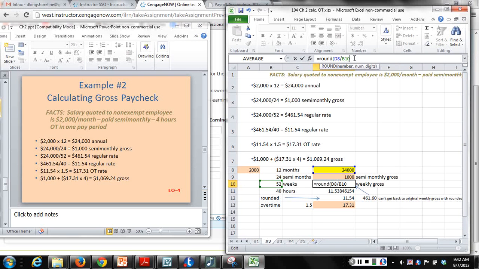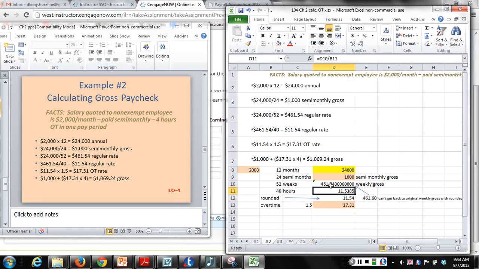So my number is this formula. It can be as complicated as you want to make it. It can be a number, it can be cell references, it can be a formula like we have here, D8 divided by B10. So then I put my comma, and then I type how many digits? 2, rounding to the nearest cent, 2 digits. Close the parenthesis and hit enter, and I get this number rounded.